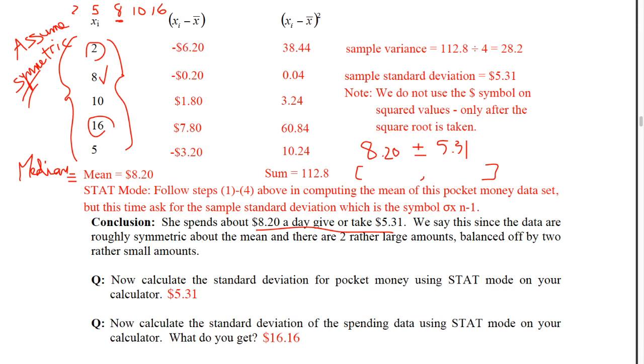Right, Leanna. 289 and 1351. Very good. Now, so everybody gets that? So how many of the observations fall in this range?